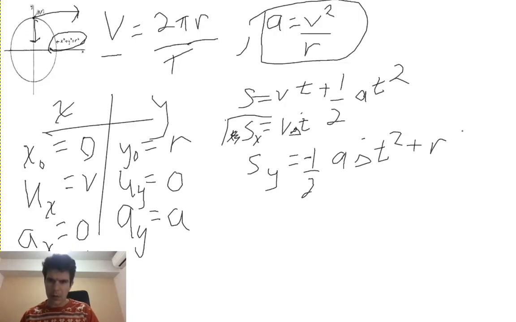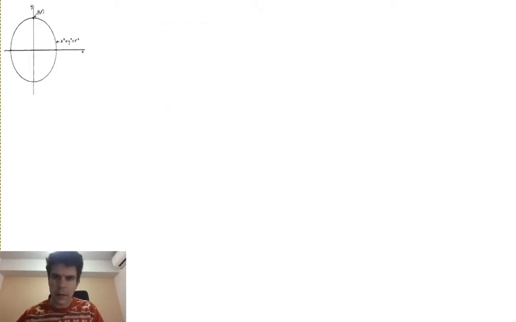Since our initial position was r, our position in y will be r minus 1/2 a delta t squared. Let's write this better. So moving on to the next blank slide.